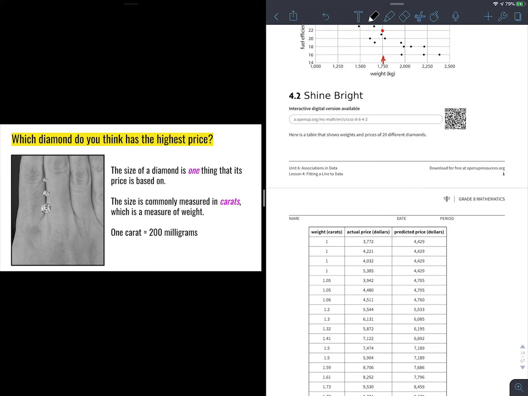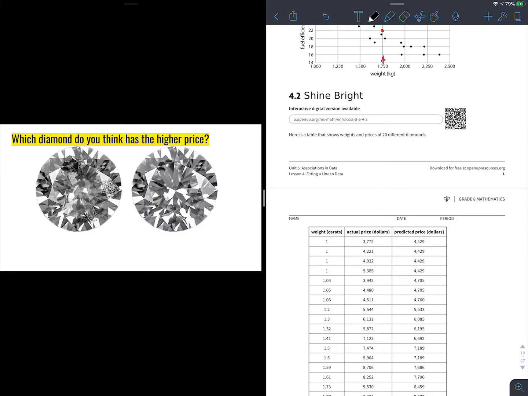Now, on the next picture, which diamond do you think has the higher price? Well, these diamonds are the same size, but they are not the same price. Price is not based on size alone, but also on how many flaws are inside the stone.